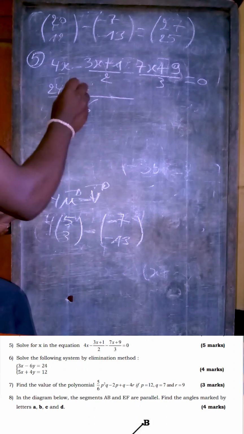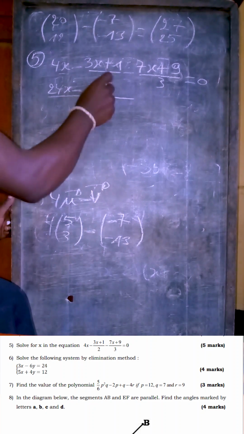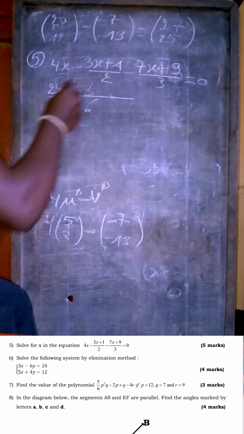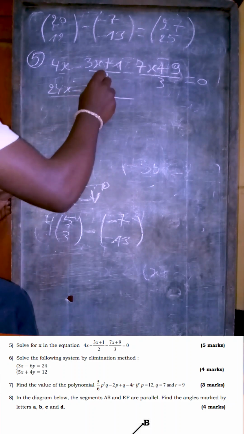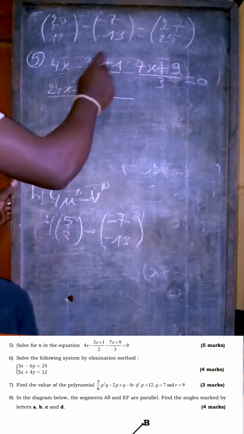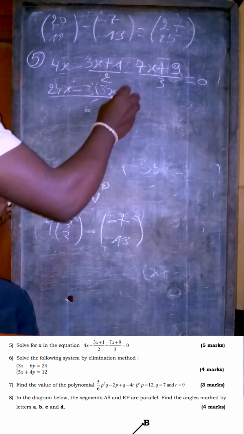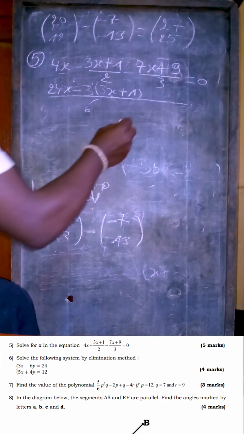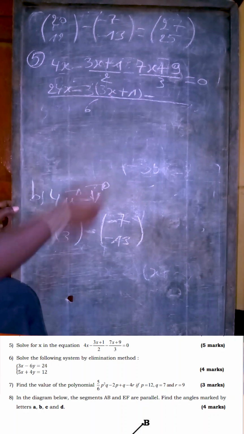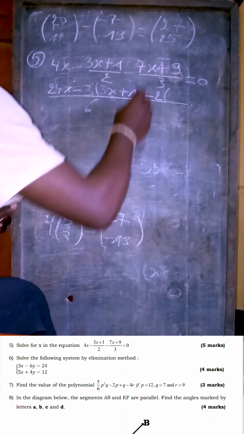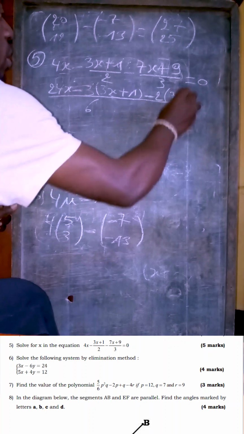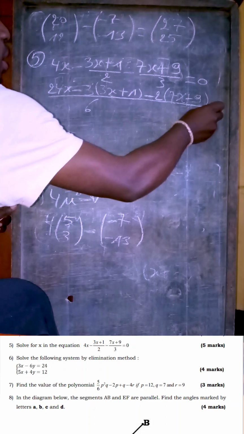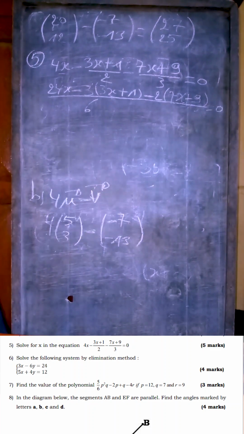Here we have minus: 6 over 2 is 3, which means we have to write 3 here, times this factor (3x plus 1). And then you continue. Here there is minus: 6 over 3 is 2, so we write 2 times (7x plus 9), then equal to 0.